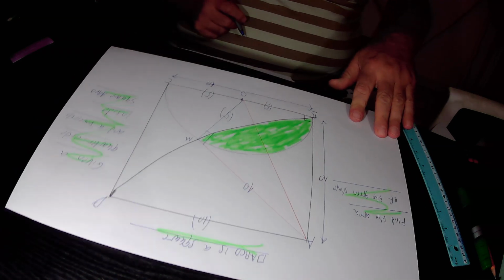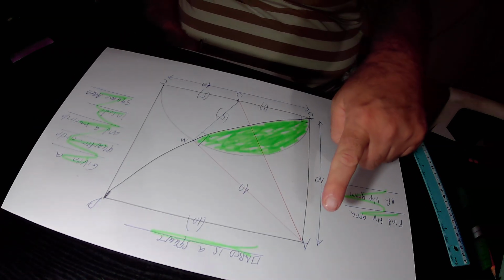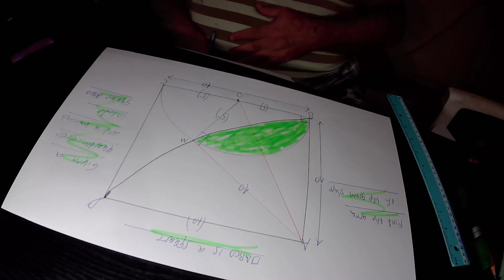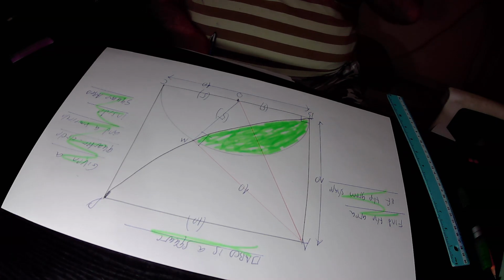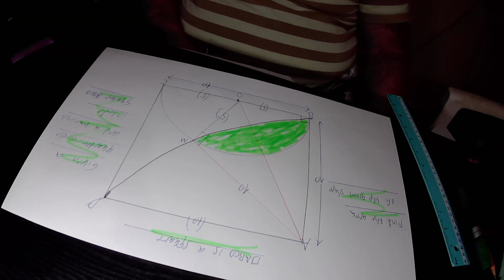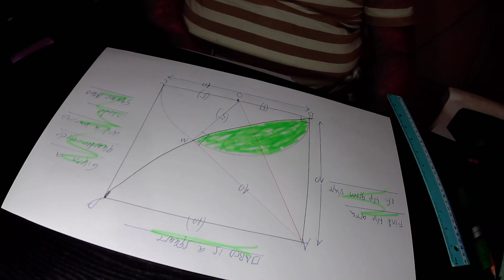In the next step, we'll implement the Pythagoras theorem on this right triangle, triangle ABO. According to the Pythagoras theorem, in a right triangle, the square of the hypotenuse equals the sum of the squares of the perpendicular sides.